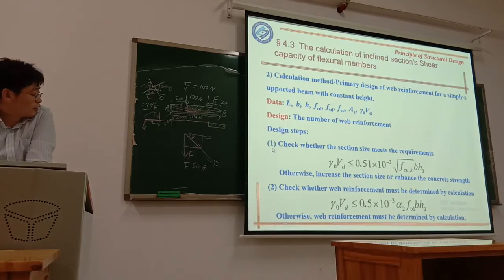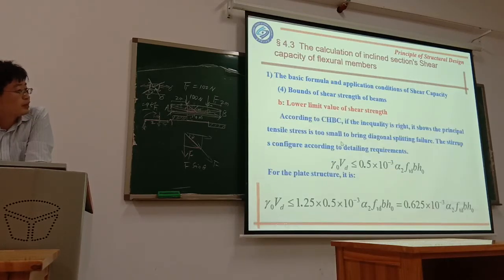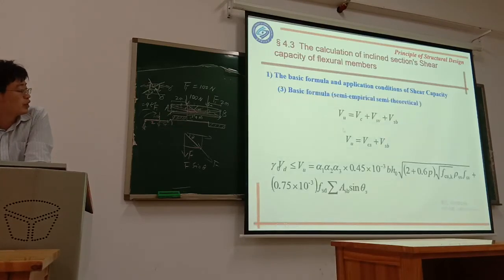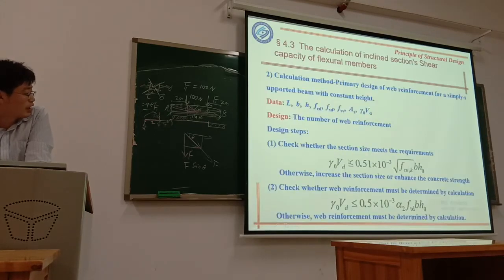So how to do this? See, the first step, check whether the section size meets the requirement or not, just this upper limit or lower limit. Only if it meets these two limits can we use the equation to calculate. So first check this upper limit. Otherwise, if it doesn't meet the requirement, we increase the section size or increase the concrete strength.